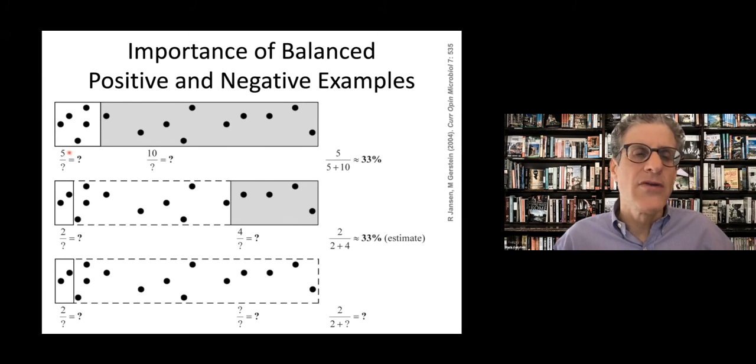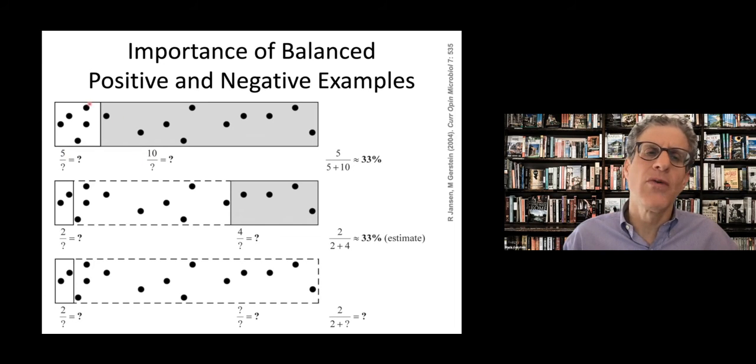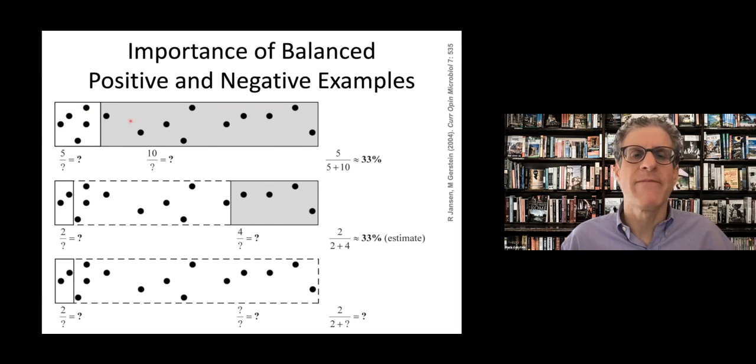And so here you can no longer compute a sensitivity and a specificity because you don't really know your true number of positives, nor your negatives, but you can produce a positive predictive value.